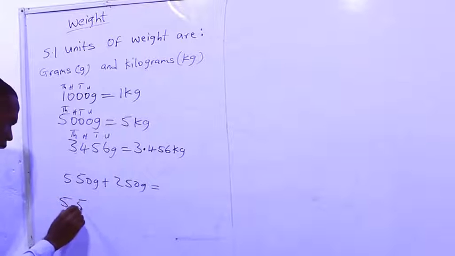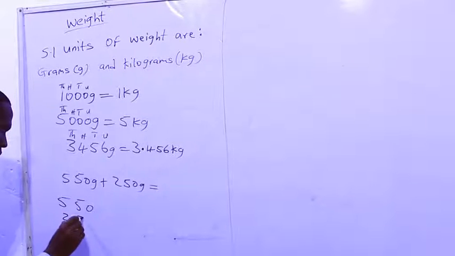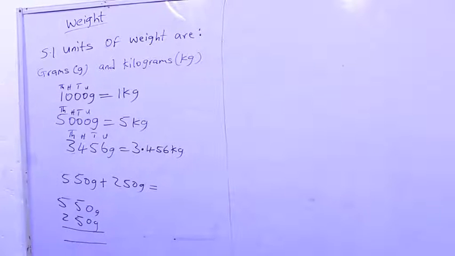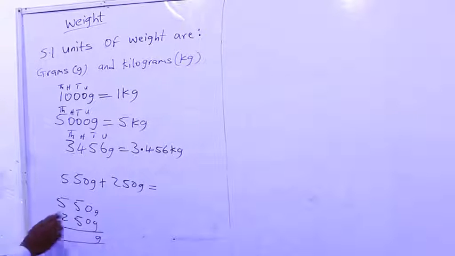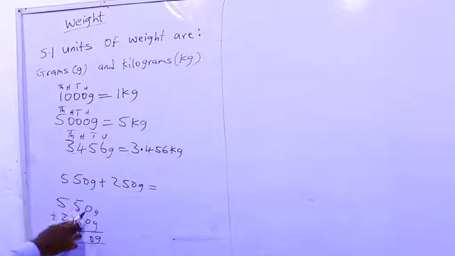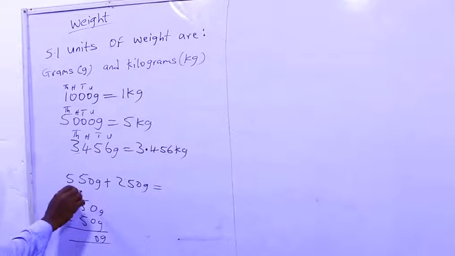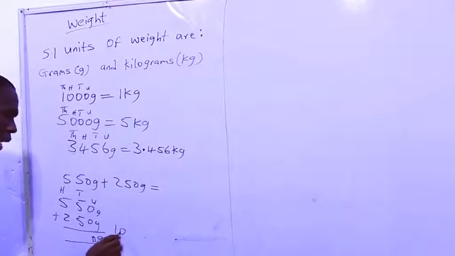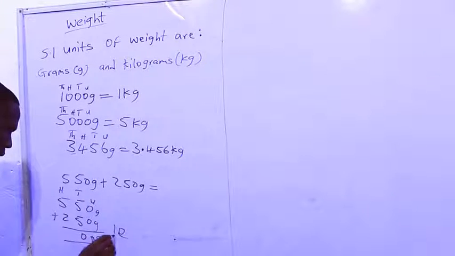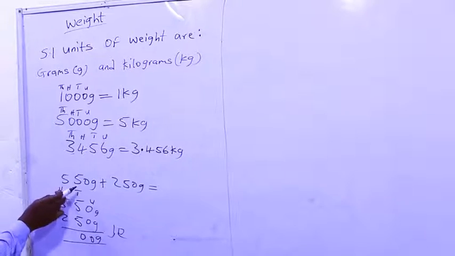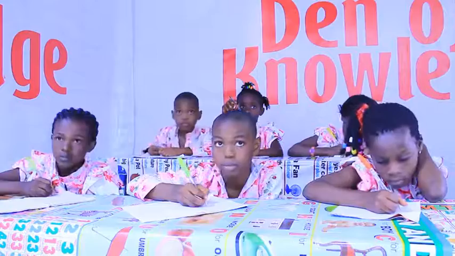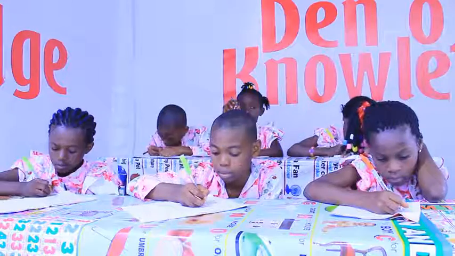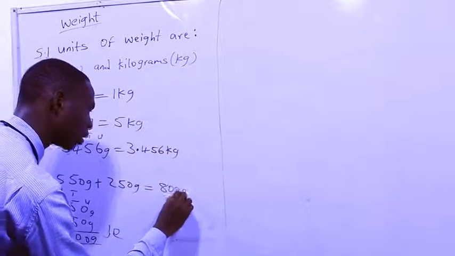Put them like this, each of them at their own place value. Put your gram. This plus this, 0. This plus this is 10, and it cannot enter here. You write the right one and carry the left one. Put here. 5 plus 1 is 6. Then 6 plus 2 is 8. That means we have 800 grams.